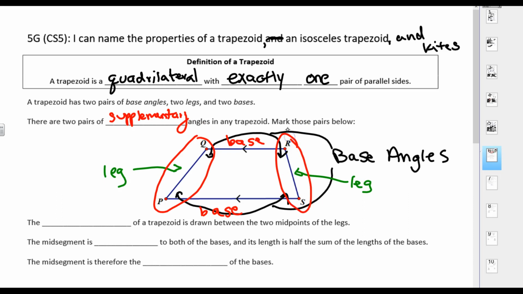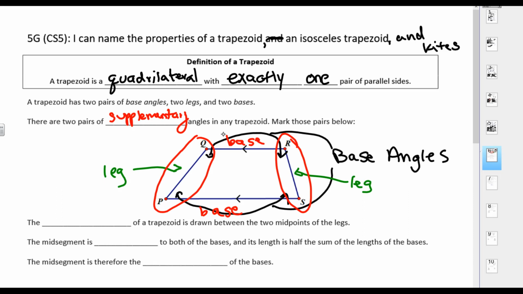Your supplementary angles, angle P plus angle Q will add to 180, and angle R plus angle S will add to 180, because when you look at them, they're actually same side interior angles with the bases acting as your boundary lines. So we learned, you actually saw this question in your practices in Unit 2. But if you look at the angles that touch a leg, those two angles will always be supplementary.